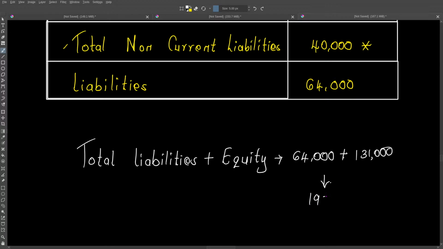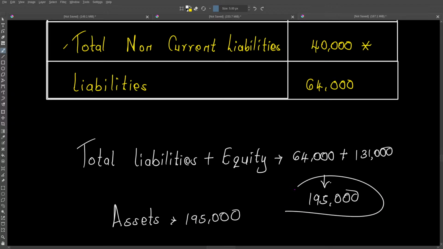Is this equal to our assets? Yes, our assets were 195,000, and our liabilities plus equity is 195,000.